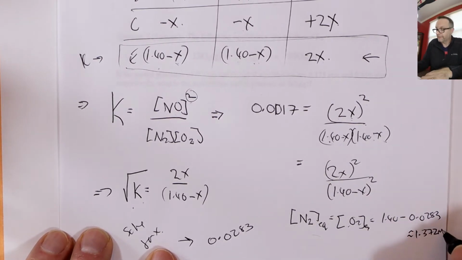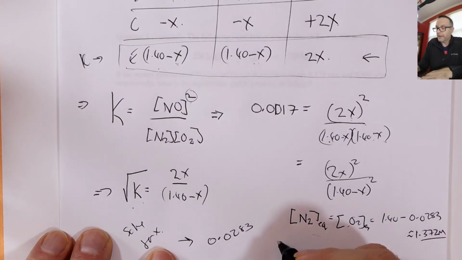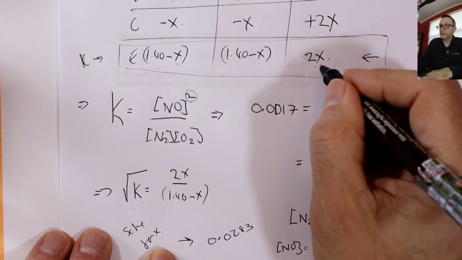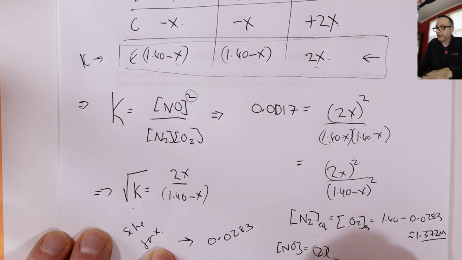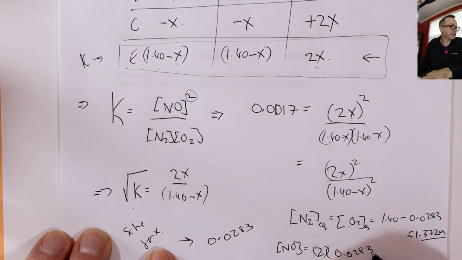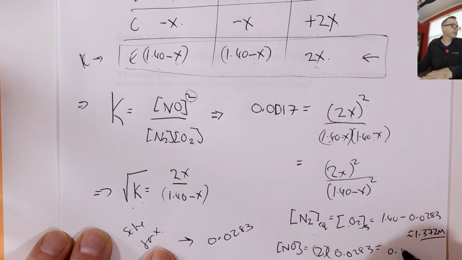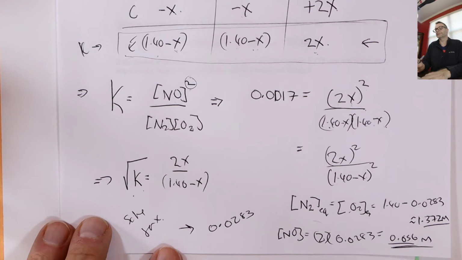NO is 2x, 2 times 0.0283, which equals 0.056. There we go.